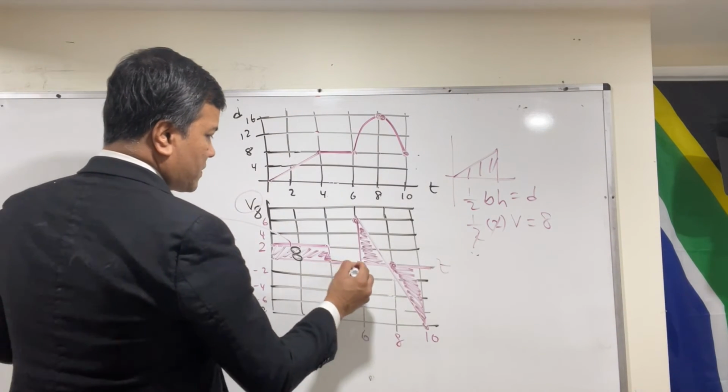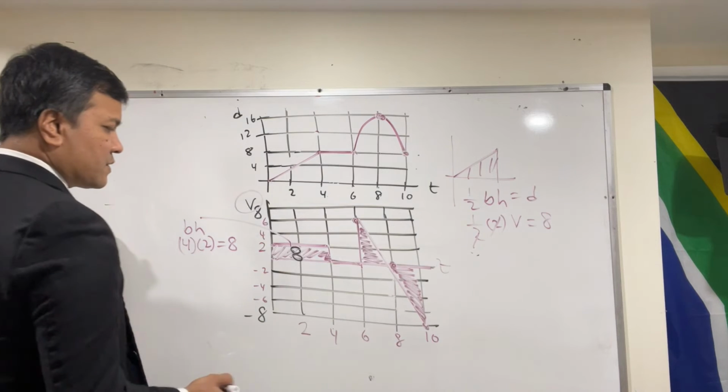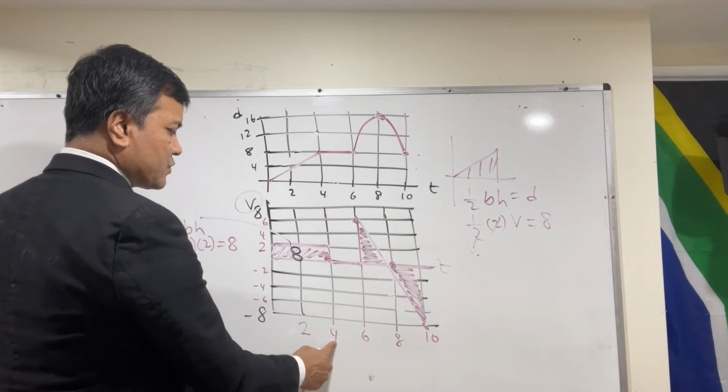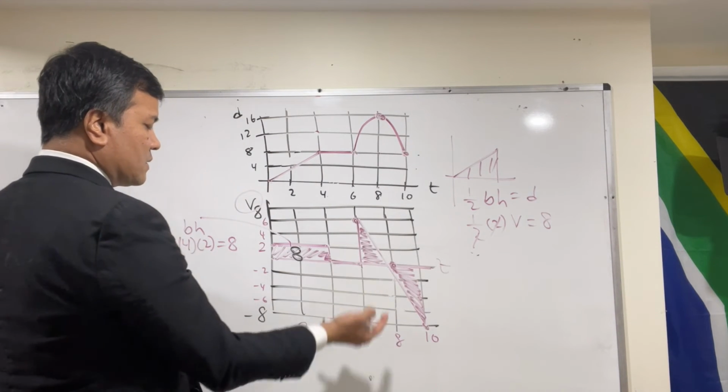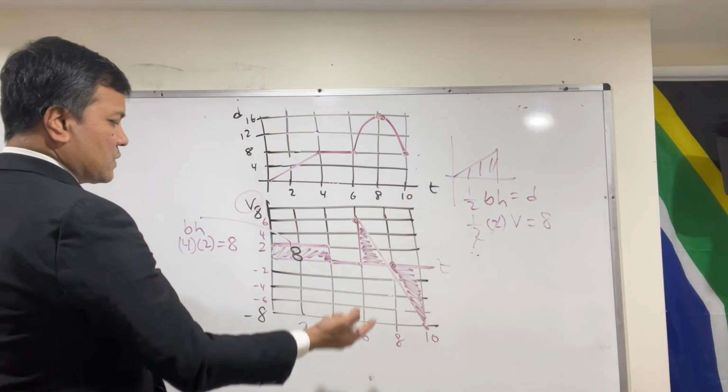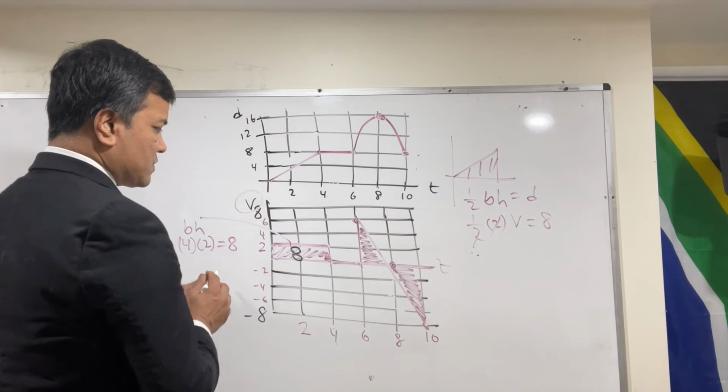This area is 0 because there is nothing going on over here: 6 minus 4 is of course 2, and height is 0 because the velocity is 0. So 2 times 0 is 0.